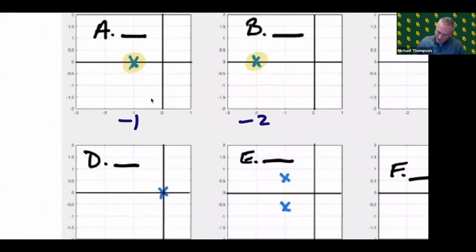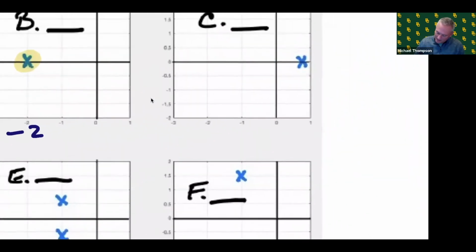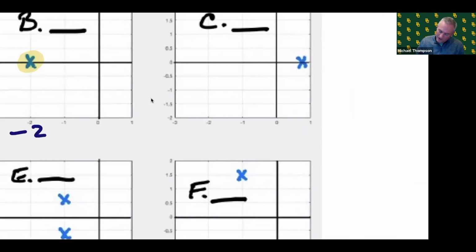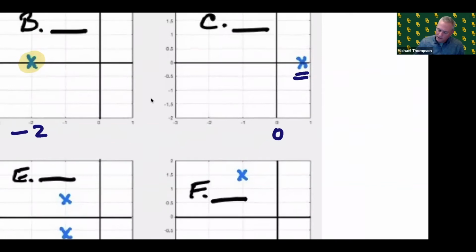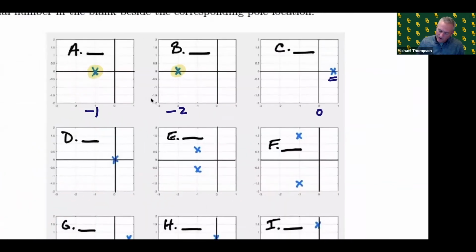All right, and then C, you can tell the difference here. This is the 0 point, so this pole is actually positive. Okay, so let's think about those two.